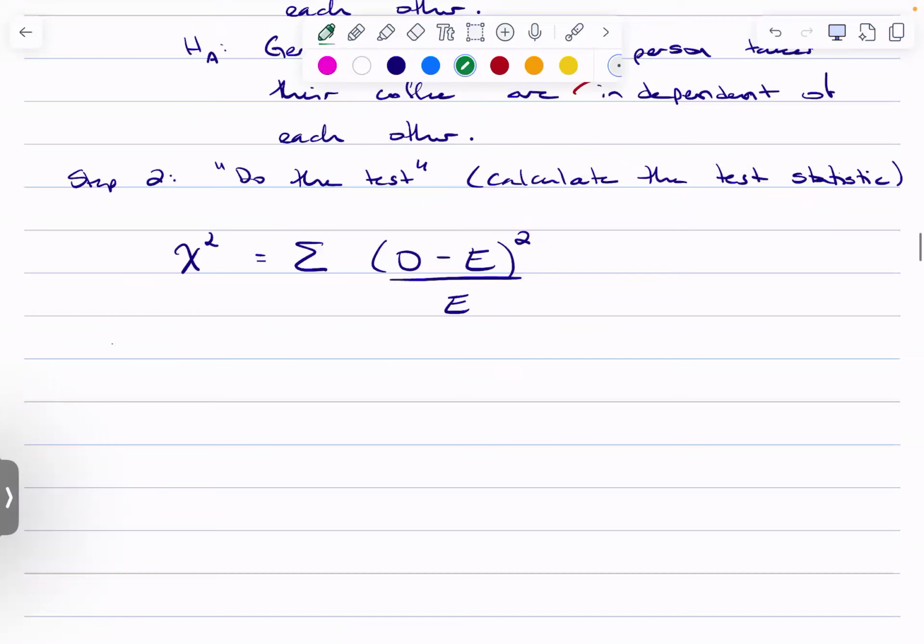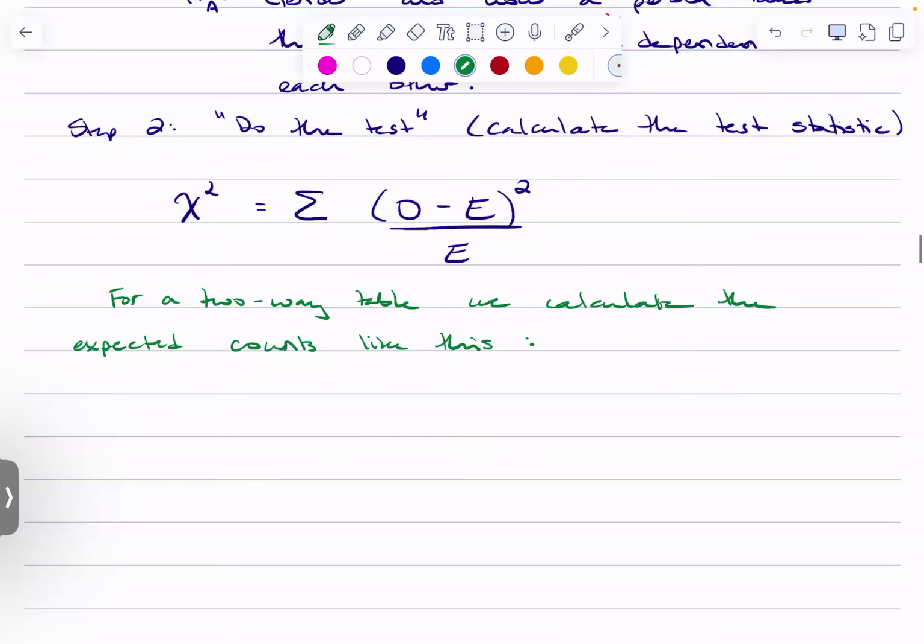And for a two-way table, for a two-way table, we calculate the expected counts like this.